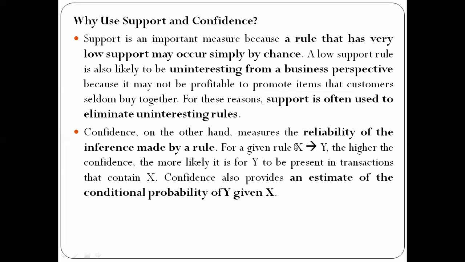For the rule X implies Y, if the confidence of that rule is high, it means that in most of the itemsets, both X and Y appear very frequently. If the confidence is higher, they appear together in more transactions.